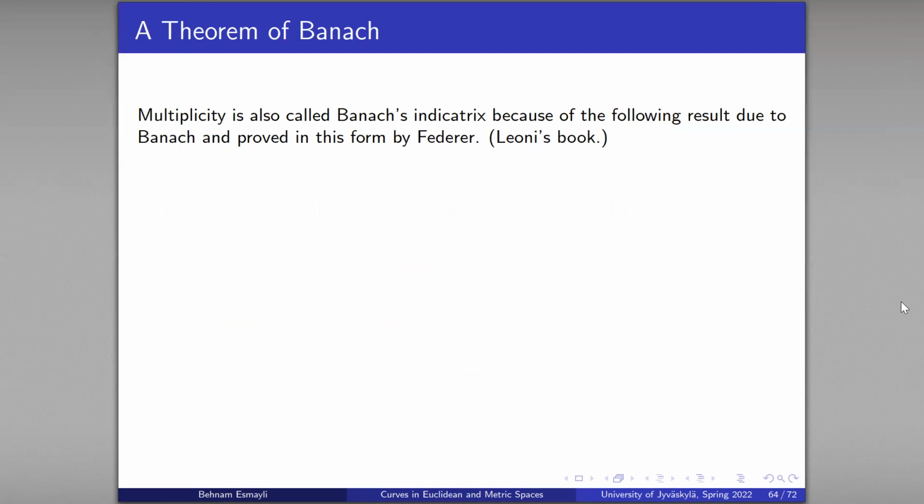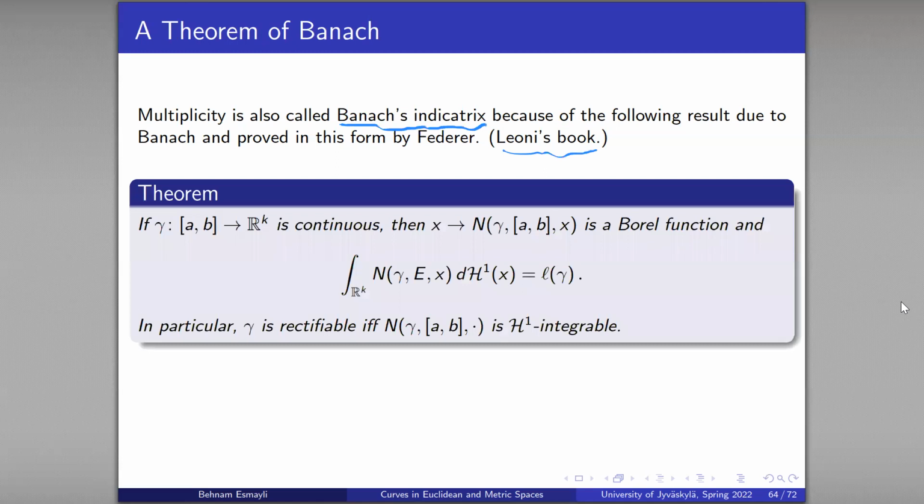A nice theorem that also justifies why this multiplicity function is also called Banach's indicatrix. I had no idea about the history of this terminology, this naming, until I read in Leoni's book about this theorem. You have a continuous curve into a Euclidean space, so it's only continuous. We don't start with Lipschitz.